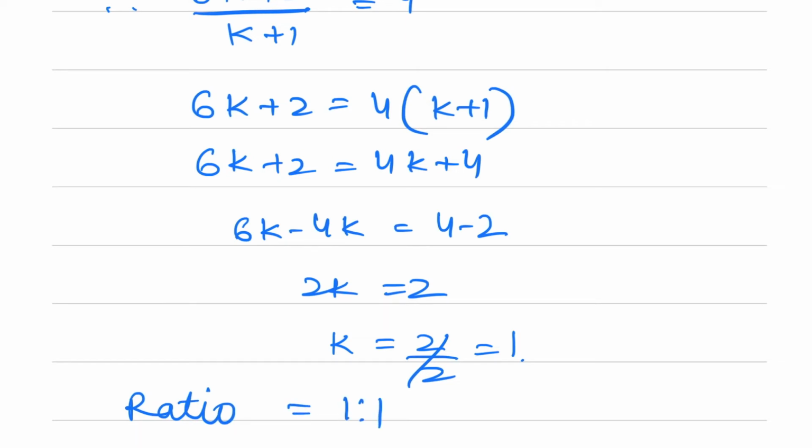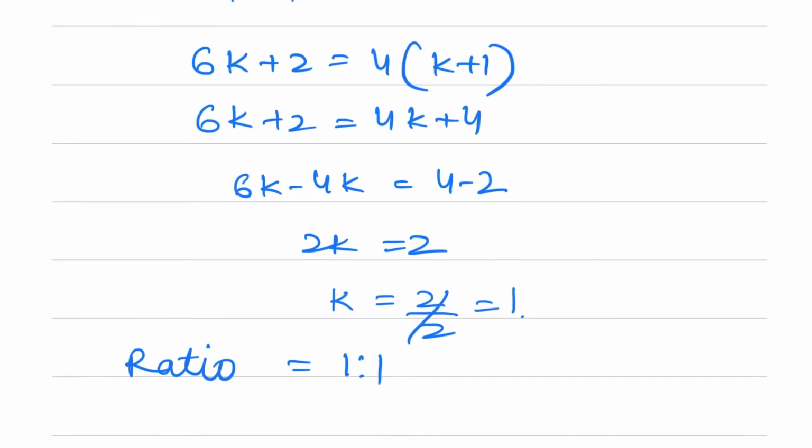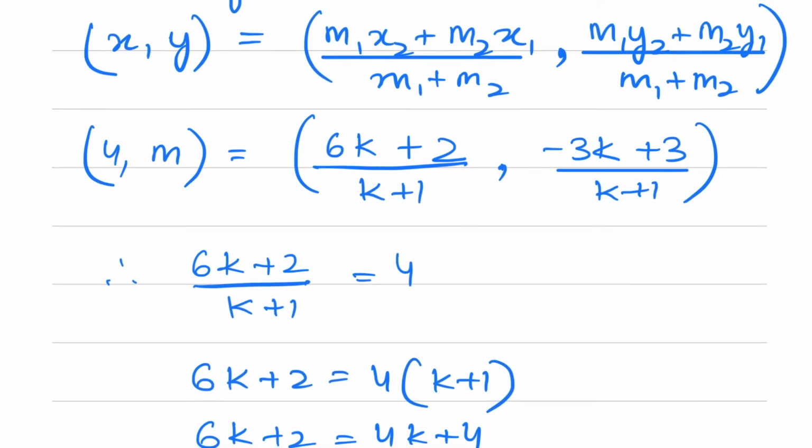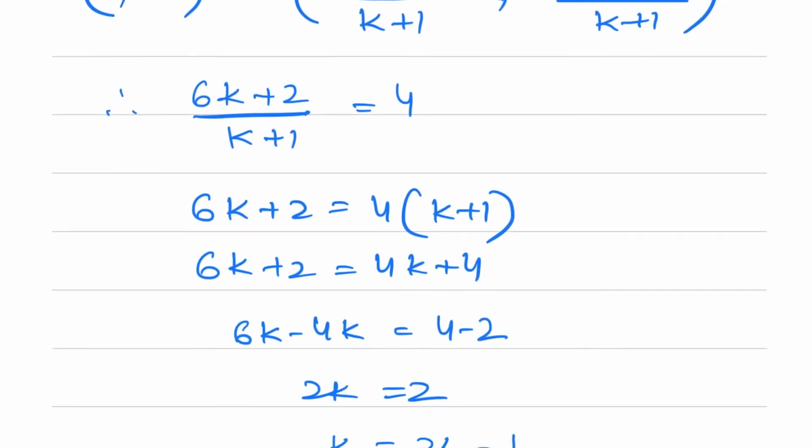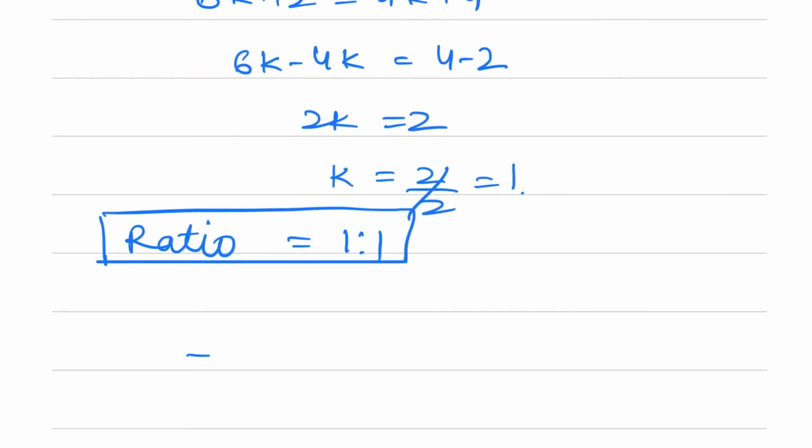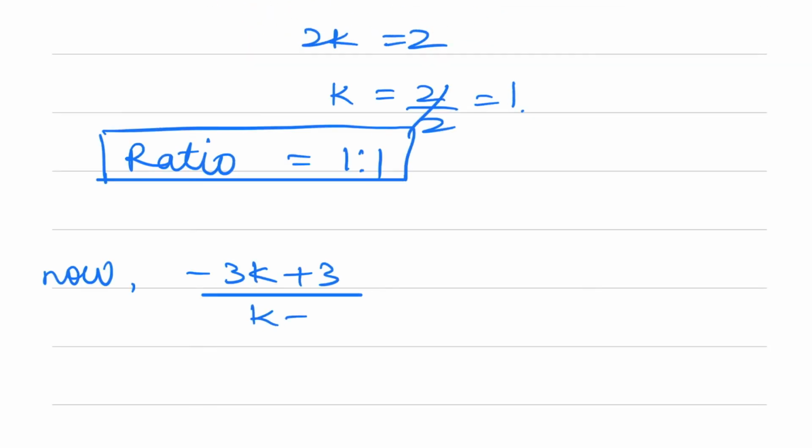So basically P is the midpoint of the line segment AB. Now we have to calculate the m also. So I can go for the y coordinate. So minus 3k plus 3 divided by k plus 1 is equal to m.